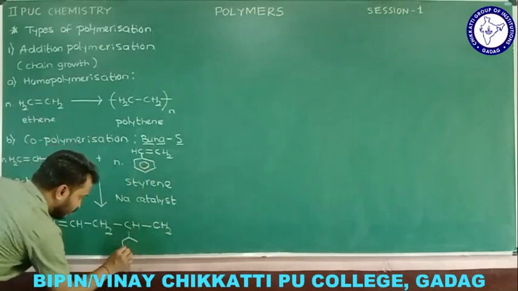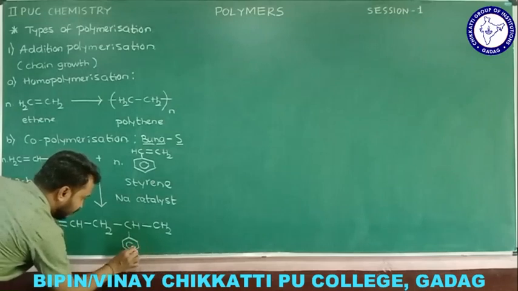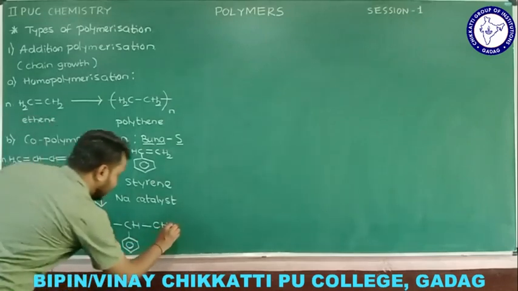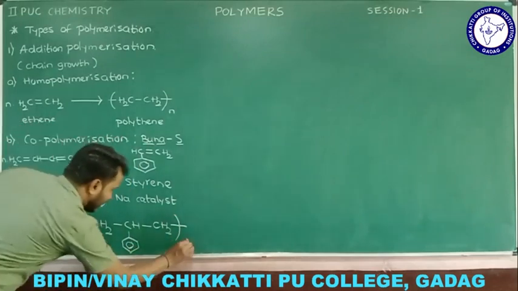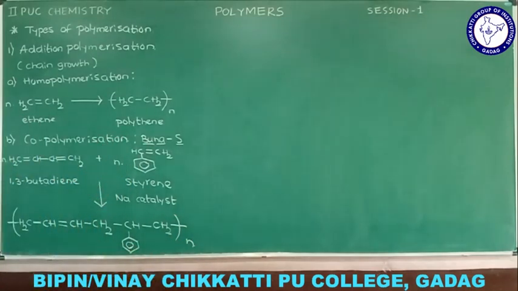I am going to draw the benzene ring for that one, and I am going to extend here, and I will place brackets, and I am going to write n here, and that would be the structure of Buna-S.